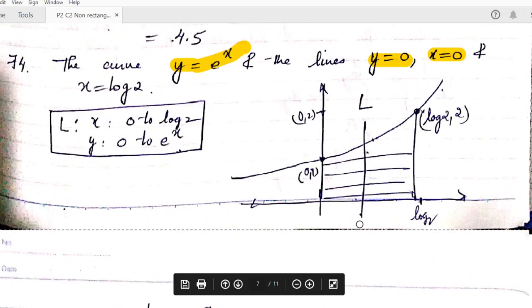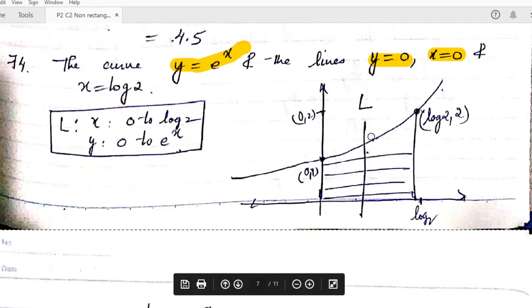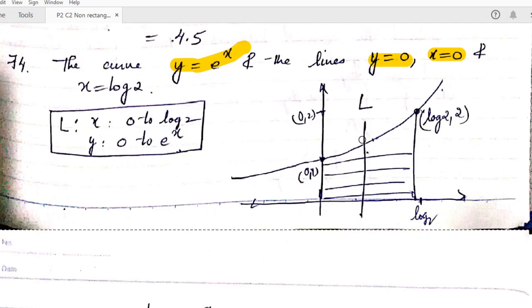When finding the limits of double integral dy dx, we find them by the method of vertical cross section. So we'll consider a line L passing through the region, and we will observe this line L and find the limits of x and y.